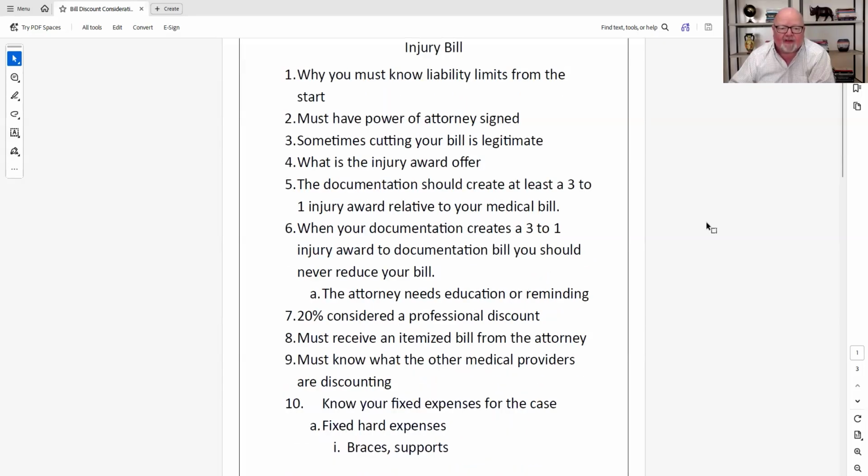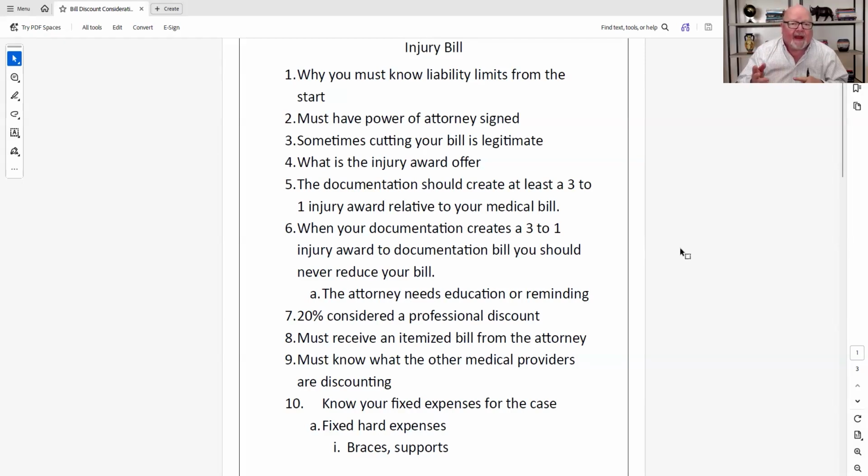So remember, the document should create at least a 3-to-1 injury award relative to your medical bill. That's the absolute kicker right there. There are a few major key points that attorneys look at. That's number one. That's one of the biggest ones. Did we at least get a 3-to-1 relative to medicals?